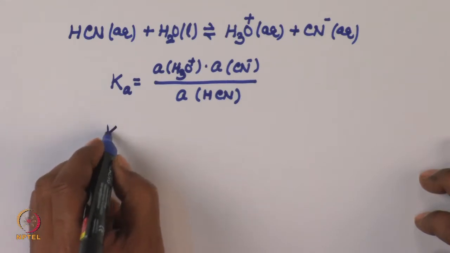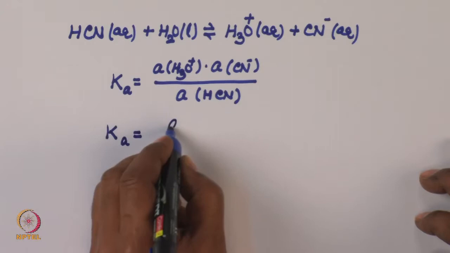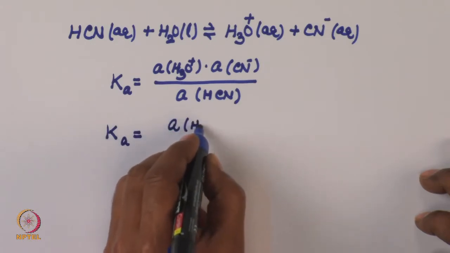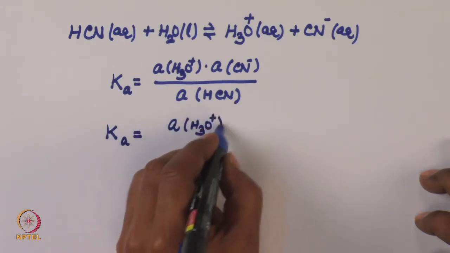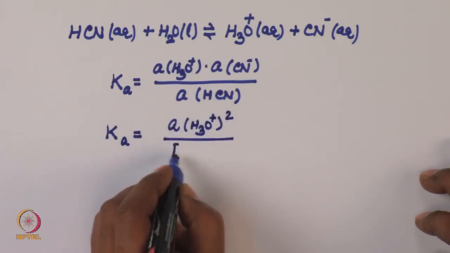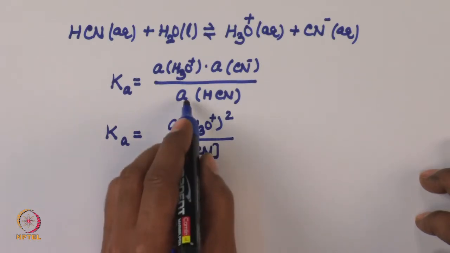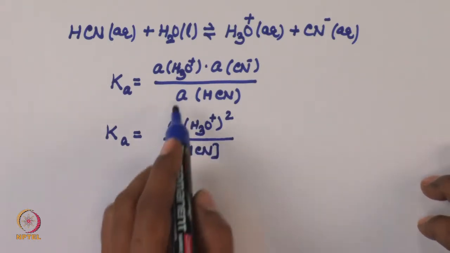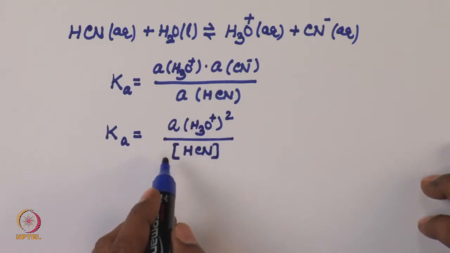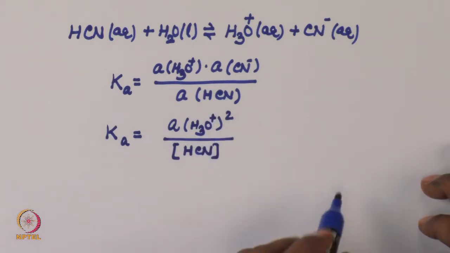So, I can write Ka is equal to activity of H3O plus square over the concentration of HCN, because I am making use of the statement that I can treat the activity coefficient to be close to 1 for HCN.